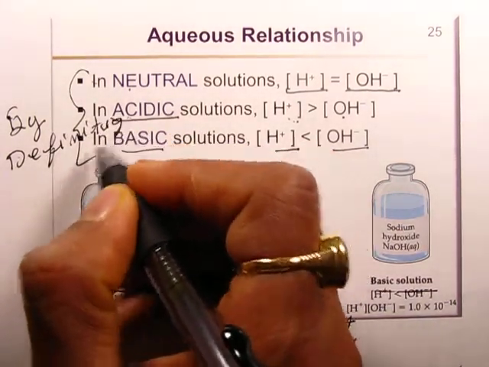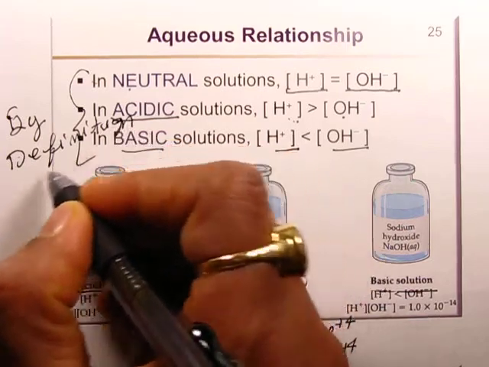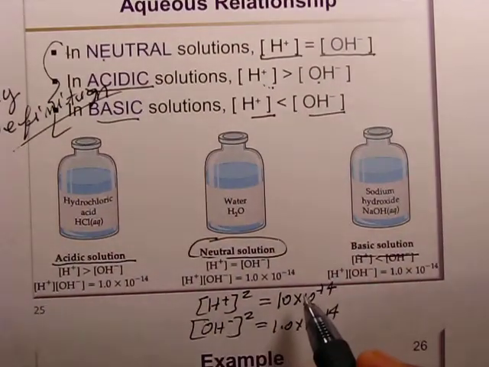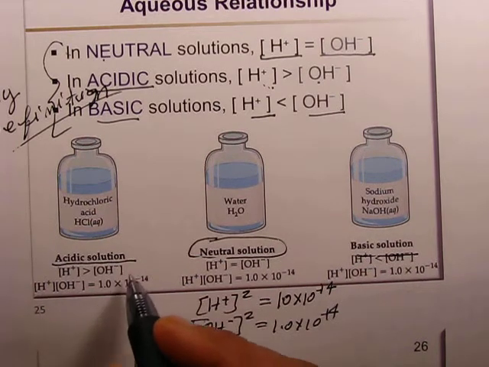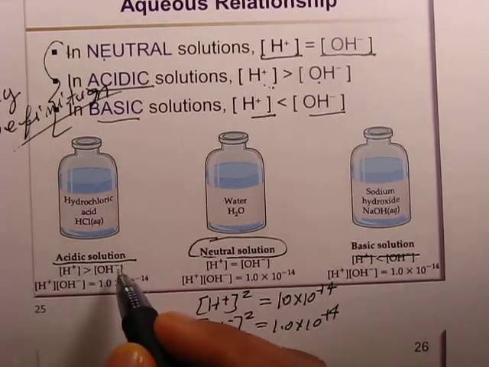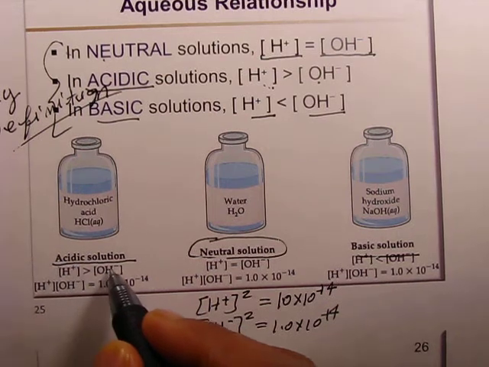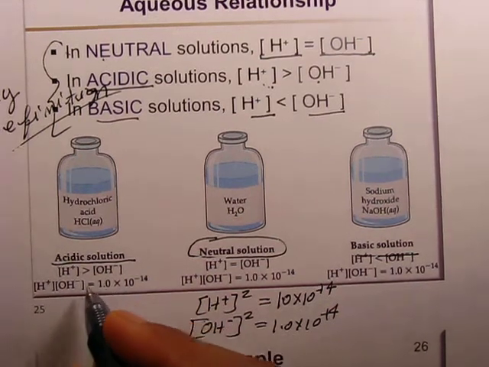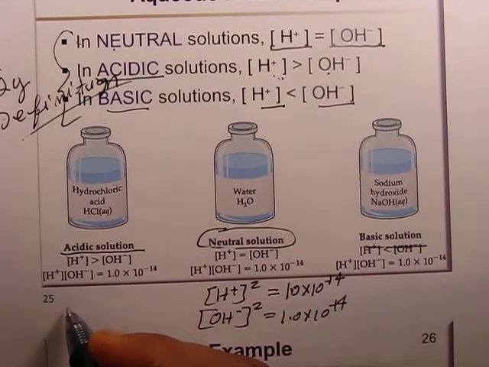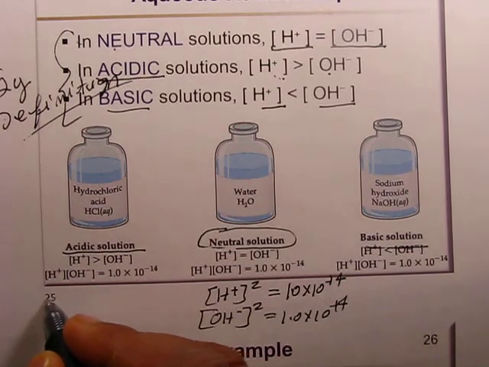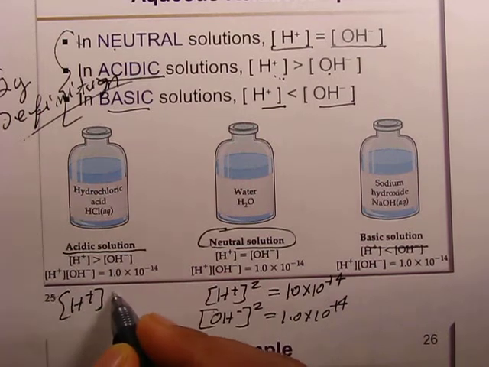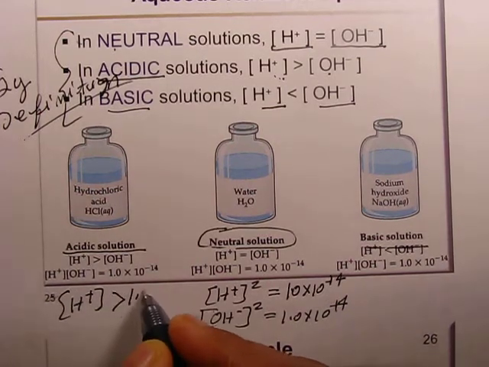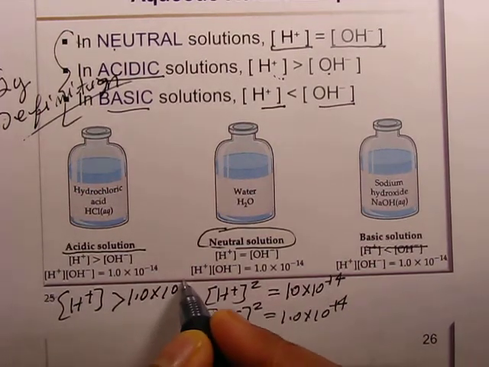Basic solution, right? But in case of acidic solution, the concentration of hydrogen ion is more than hydroxyl ion. So we can also write here that hydrogen ion concentration will be more than 1.0 times 10 to the power minus 7.